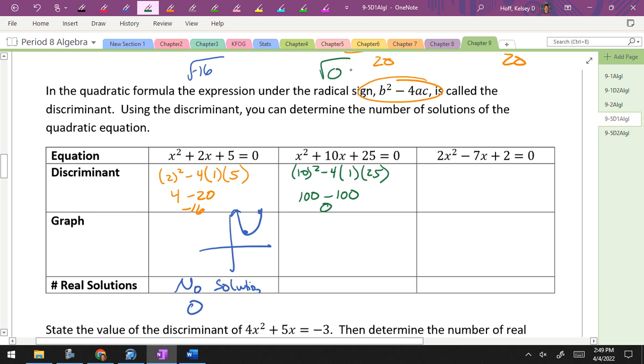What's the square root of 0? 0. If I add 0 or I subtract 0, what do you know? It's the same, right? How many solutions do you think that problem has? 1. It is 1 where your vertex is just the only thing that touches the x-axis. So there is 1 solution, because whether you add 0 or subtract 0, it's going to be the same number.